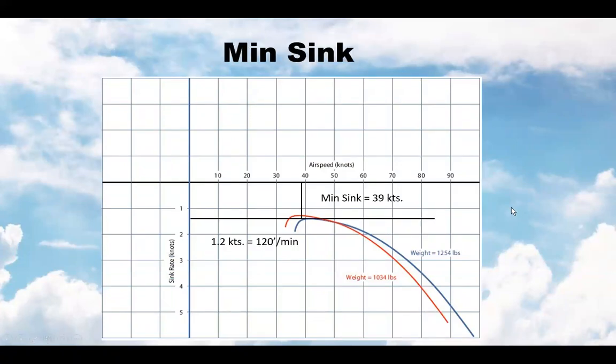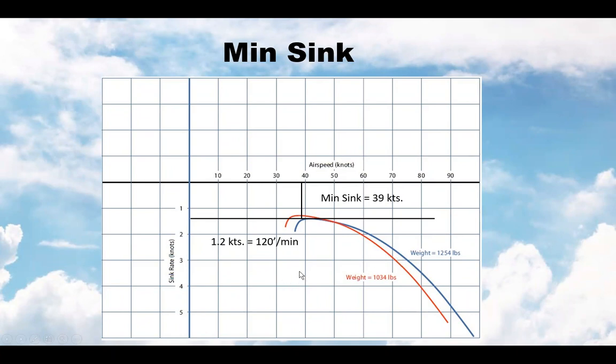So minimum sink, if you draw a straight line that's tangent to your, in this case, the blue line, which is the maximum weight of the glider, it'll show you the sink rate of about 1.2 at an airspeed of about 39 knots.